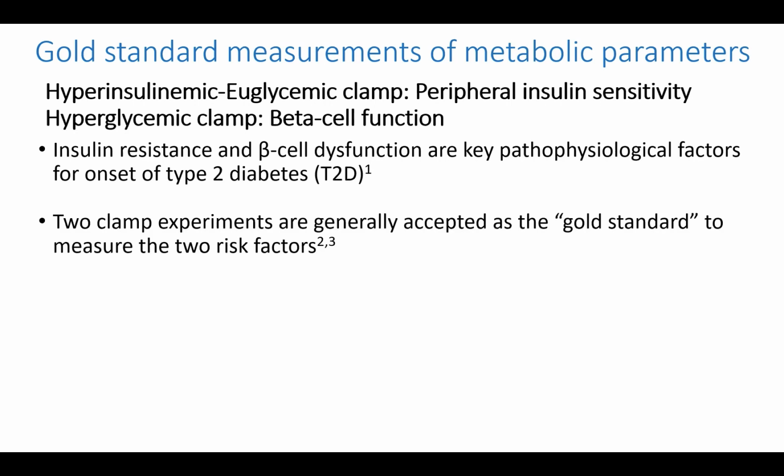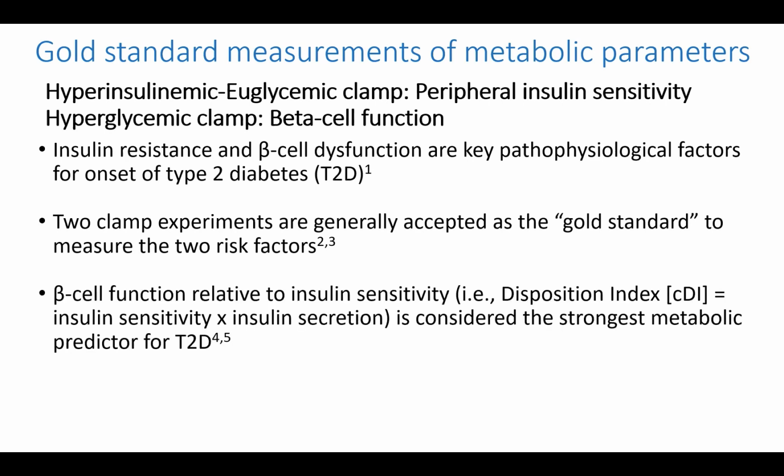The 2 clamp experiments are generally accepted as the gold standard to measure these 2 risk factors, insulin resistance and beta cell dysfunction. Beta cell function relative to insulin sensitivity we call the disposition index. In this case, the clamp DI, insulin sensitivity times insulin secretion, is considered the strongest metabolic predictor for T2D.